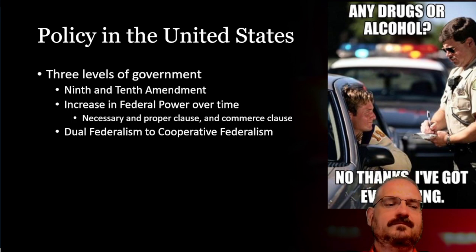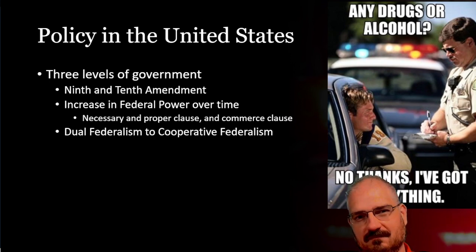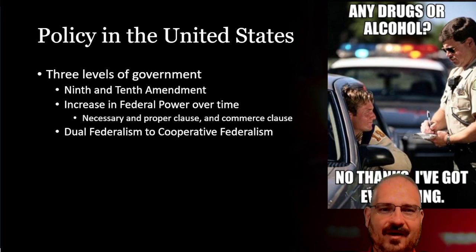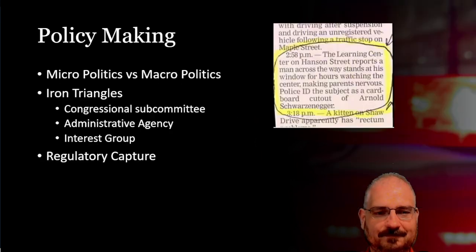So they've kind of ceased to be these separate, distinct organizations that only do their job and not impact the other person's job. And now they're more working together, and it's kind of blurred the line between what's a state responsibility versus a federal responsibility versus a local responsibility.